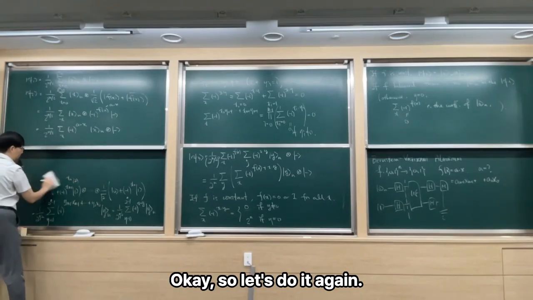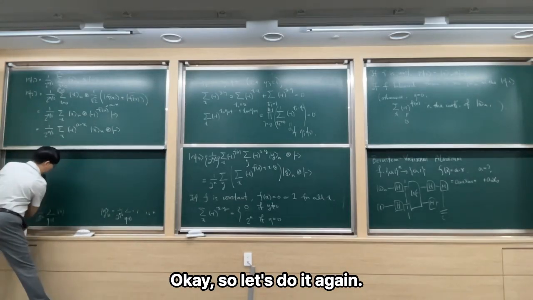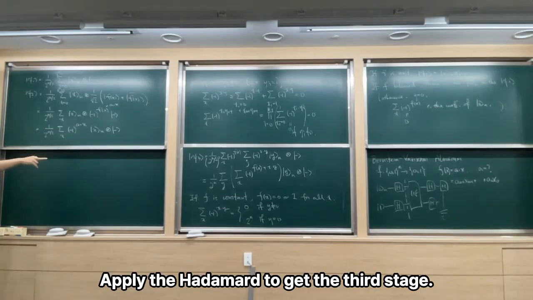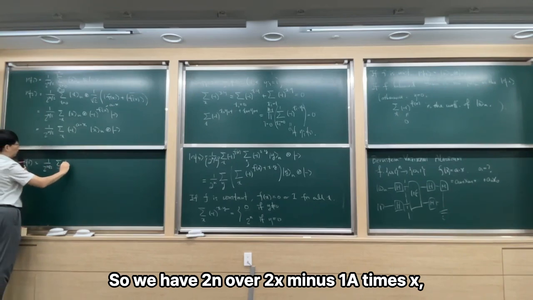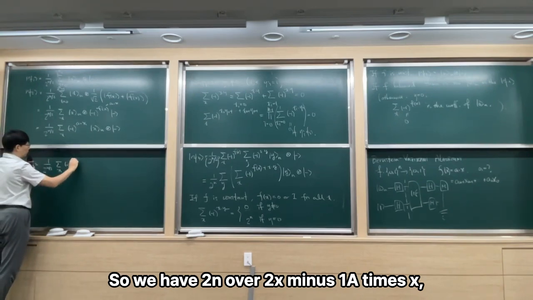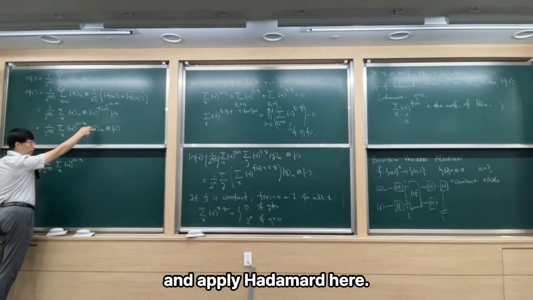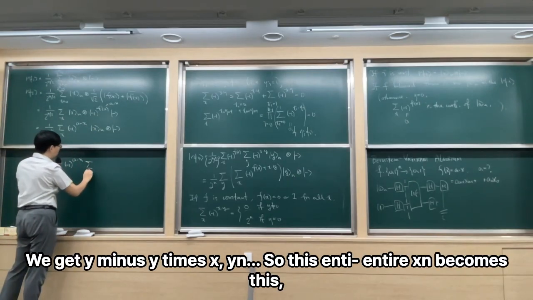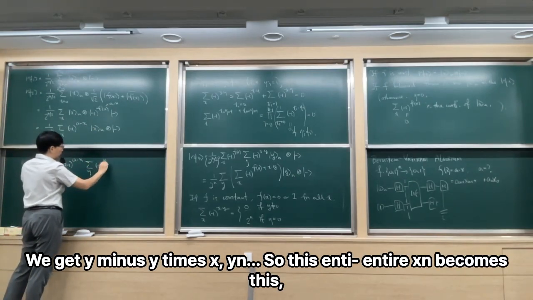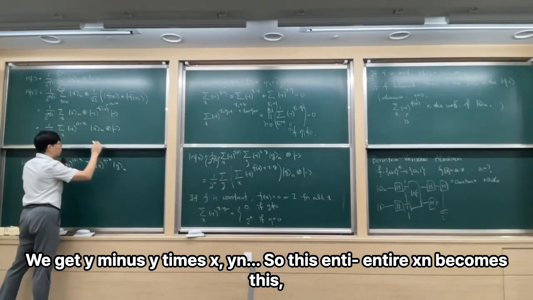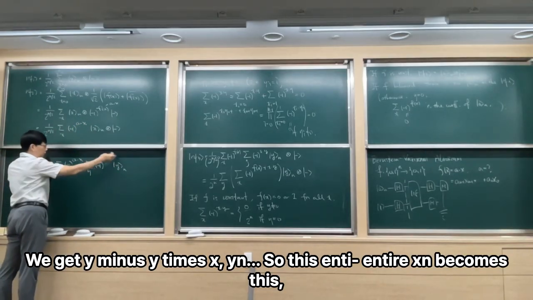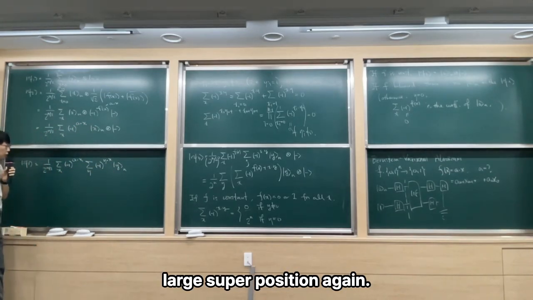Okay, so let's do it again. Apply the Hadamard to get the third stage. So we have 1 over 2 to the n over 2, sum of minus 1 to the a times x, and apply Hadamard here. We get minus 1 to the y times x, y ket, and so the entire register becomes this large superposition again.